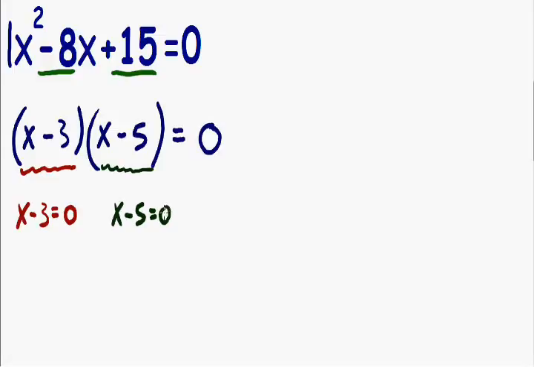And many of you are probably wondering why we set each parentheses equal to 0. So let's just say that the first parentheses is parentheses A, and the second parentheses is parentheses B. Notice how they're being multiplied by each other and they equal 0. If two parentheses being multiplied equal 0, then we know that one of them has to equal 0.